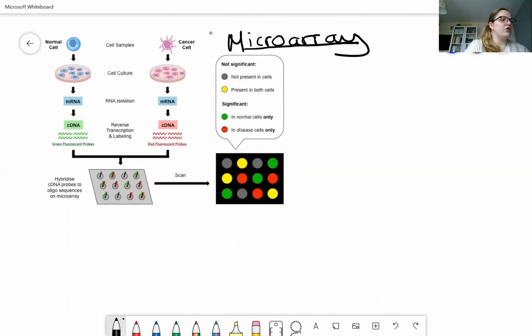Okay, so a DNA microarray is able to screen for a lot of genes at exactly the same time, which is really, really useful. And basically what this microarray is, as you can see it here on the screen, it's just a glass slide. And this glass slide has microscopic spots of different DNA probes attached to it in rows.